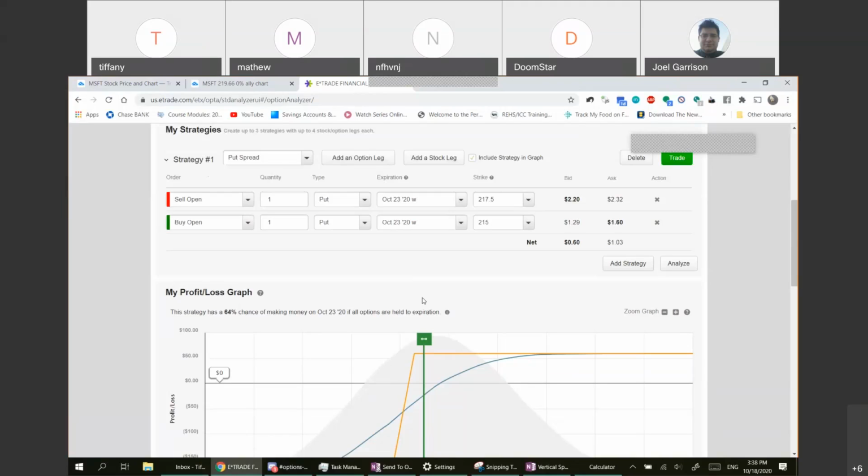But the slow, steady way of doing it is just being consistent and pulling profits using credit spreads. And because you're only collecting a small profit every time, you can stack these.